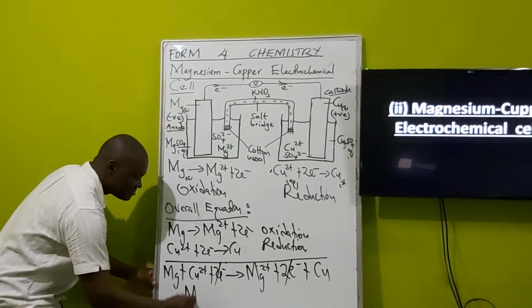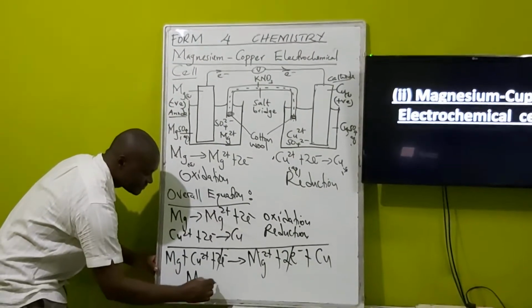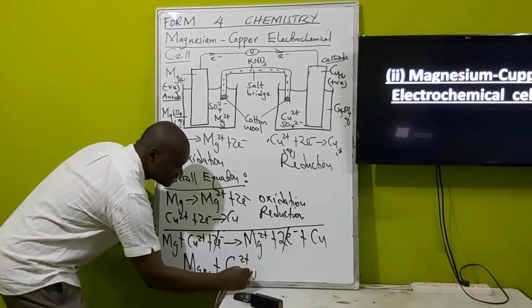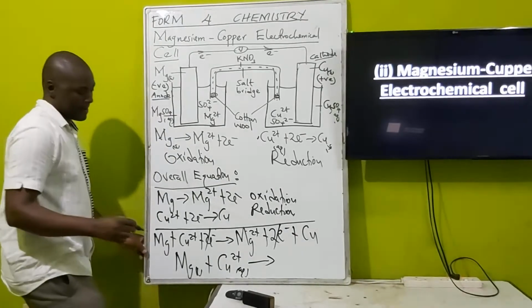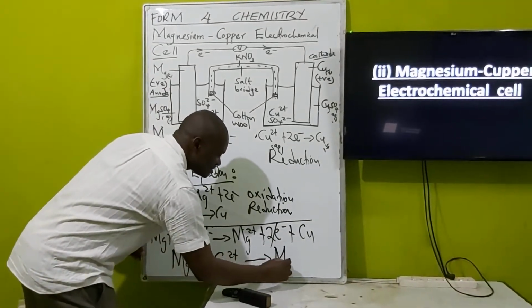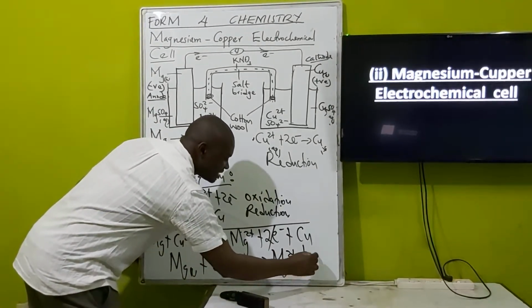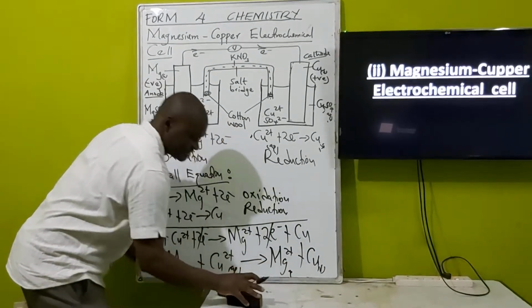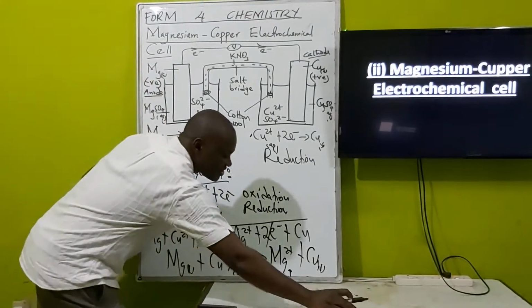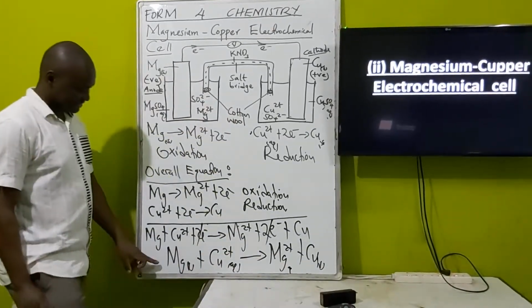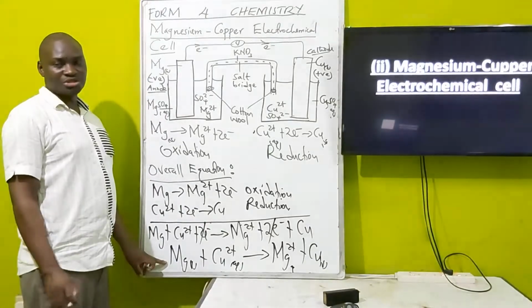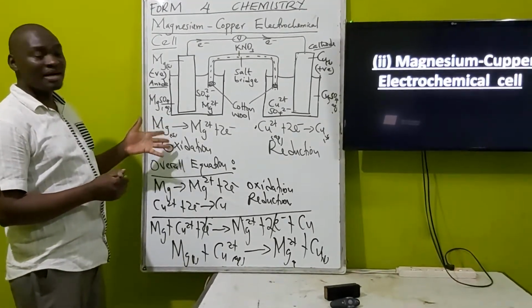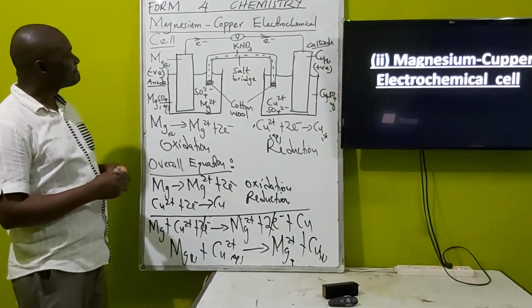We remain with magnesium solid reacting with copper 2 ions to give magnesium 2 ions plus copper solid. This one is the overall cell reaction. So this one is our second example.